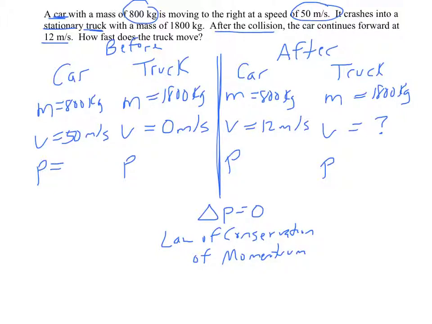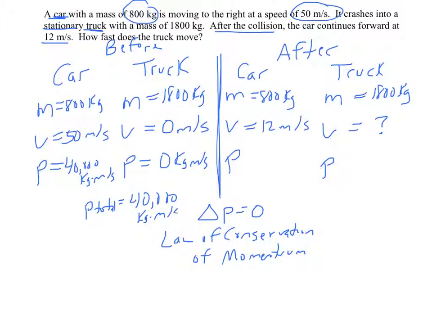So the momentum of the car before the crash is 800 times 50, or 40,000 kilogram meters per second. The momentum of the truck before the crash was 0 because it wasn't moving. So that means the total momentum before the crash is all in the car, it's 40,000.